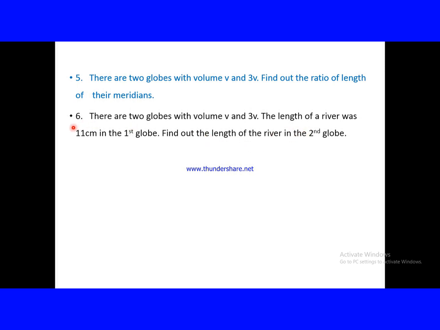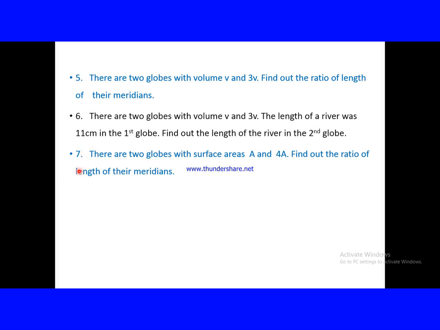How? If the length of the river on the first globe is 11 centimeter, then using that ratio of radius, we can easily calculate the length of the river on the second globe.